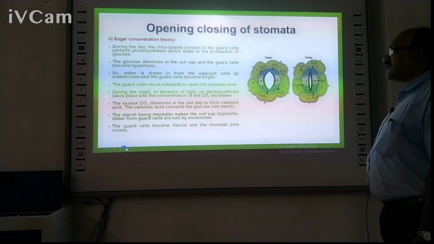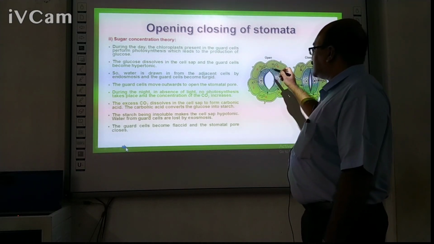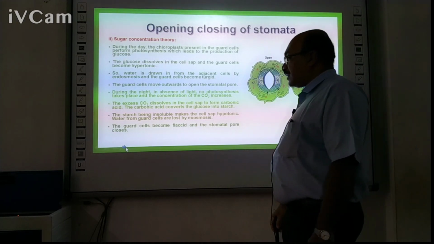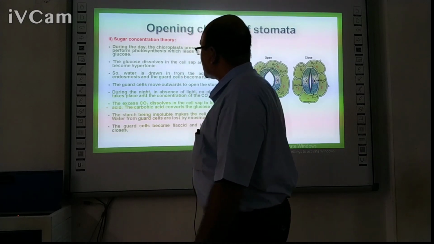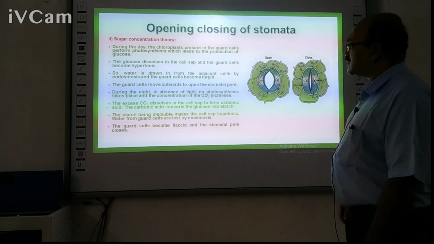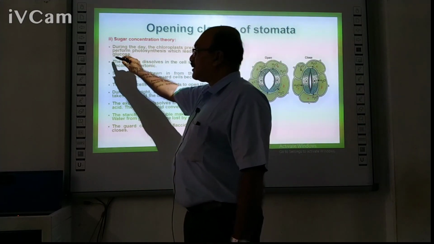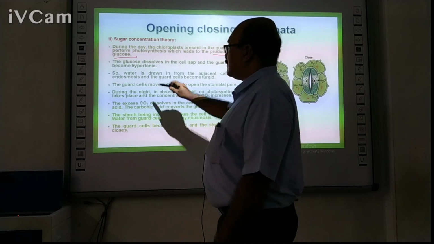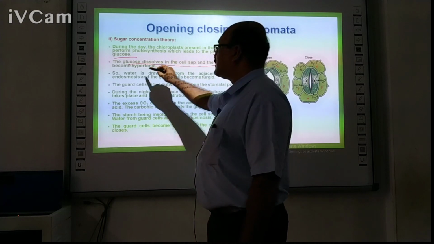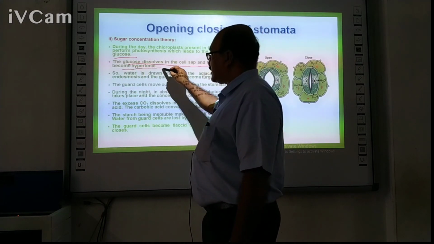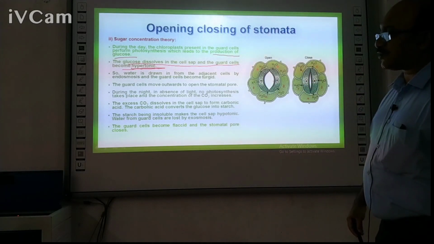So in the sugar concentration theory, the same thing, guard cells have chloroplast in them. As they have chloroplast, the guard cells perform photosynthesis that leads to the production of glucose. It is similar, but here the glucose dissolves in the cell sap, and because of the glucose dissolving in the cell sap, the guard cells become hypertonic.